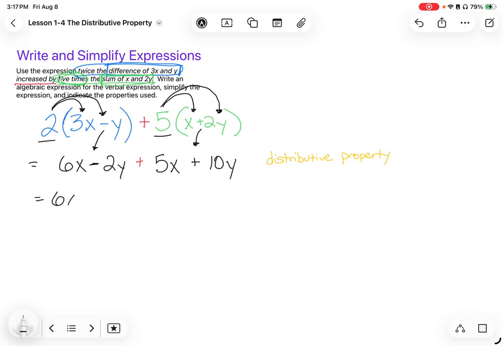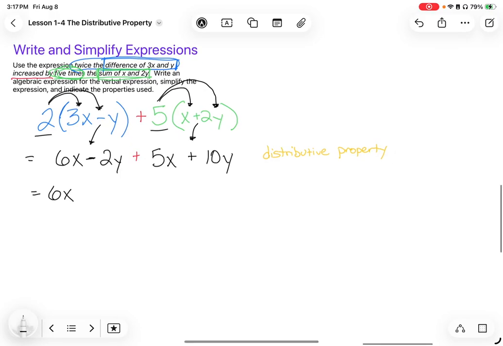So I'm going to leave the 6x here, but then next to the 6x, I'm going to put that plus 5x. I want my x's right next to each other because I'm going to combine them in my next step. Then I don't have any more x's in the problem, so let's move on to the y's. I've got minus 2y, and then after that, I'm going to put the plus 10y.